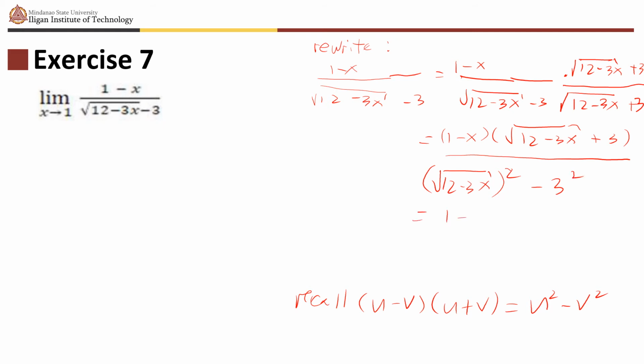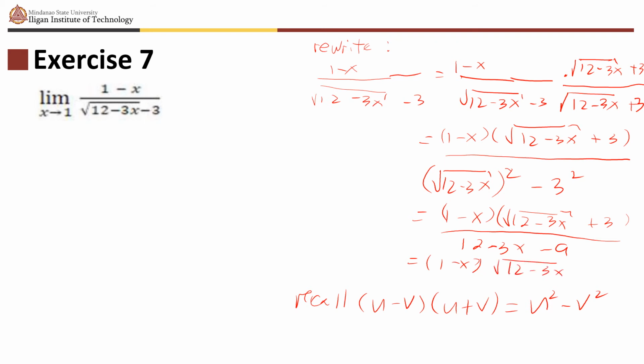So that's now equal to 1 minus x times the quantity square root of 12 minus 3x plus 3 all over 12 minus 3x, getting rid of the square, minus 9. But that is the same as 1 minus x times the square root of 12 minus 3x plus 3, all over 12 minus 3x minus 9, which will give us 3 minus 3x.